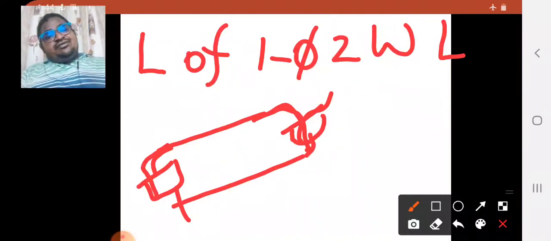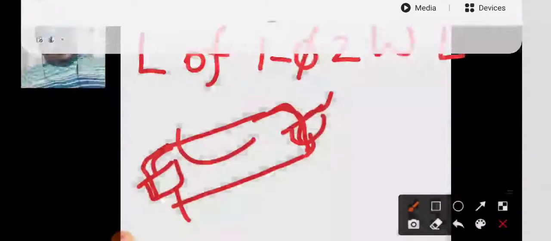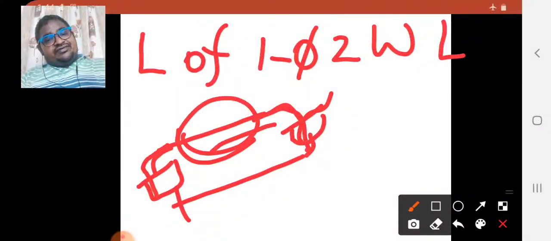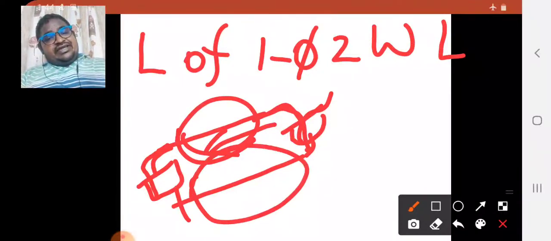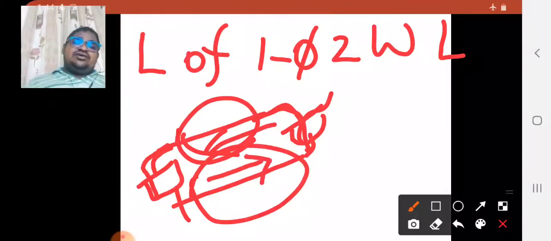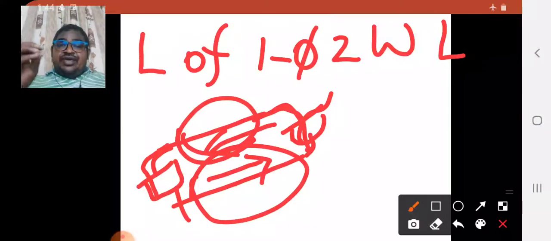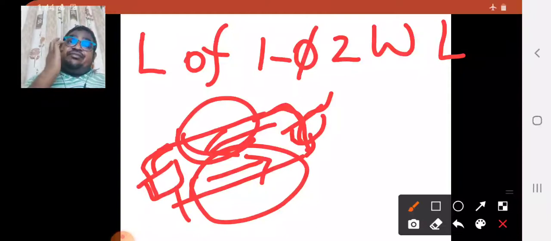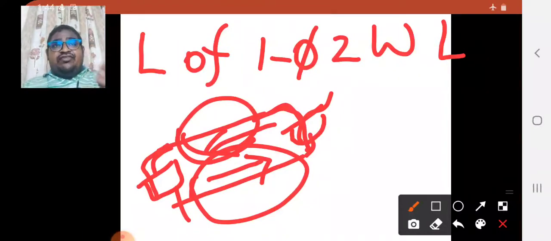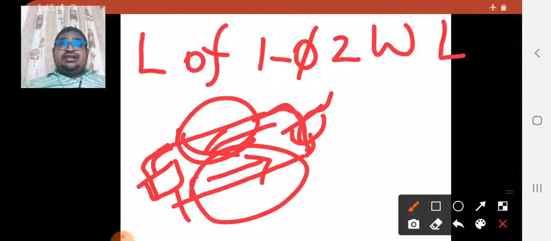In this loop, the current in the first conductor flows in this fashion, and the current in the second conductor flows in this fashion. So the net resultant inductance may be very negligible. But as the line cross sectional area is very large, even for small flux density the total flux linking the loop is quite large, and hence the line has appreciable inductance.